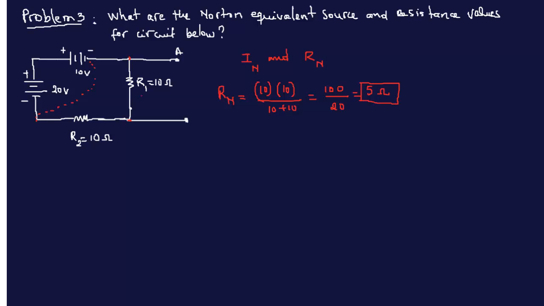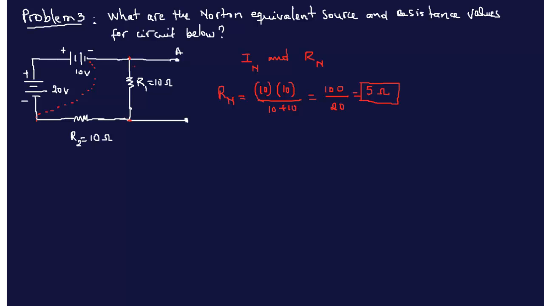Okay, so now to find IN, no current will flow through R1. Why? Because the terminals of R1 are short-circuited.